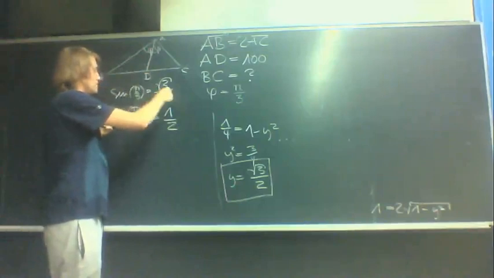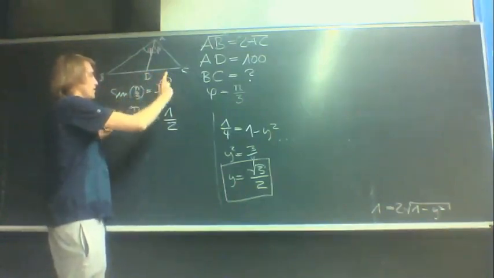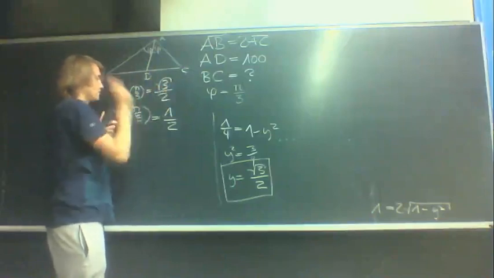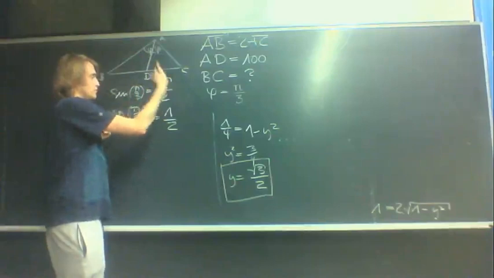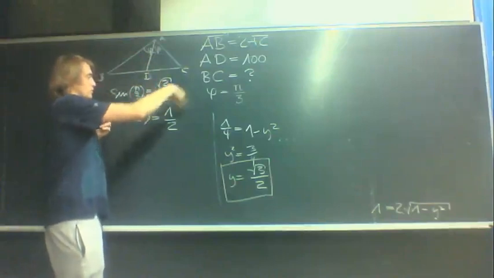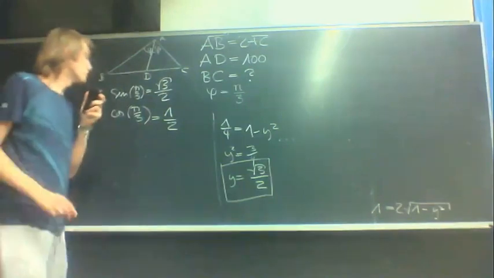You can see this very easily, because if you square this, you will have 3 over 4, and 1 is just 4 over 4, so 4 minus 3 is 1, so you will end up with 1 over 4, the square root of the whole thing, so this will be 1 over 2.